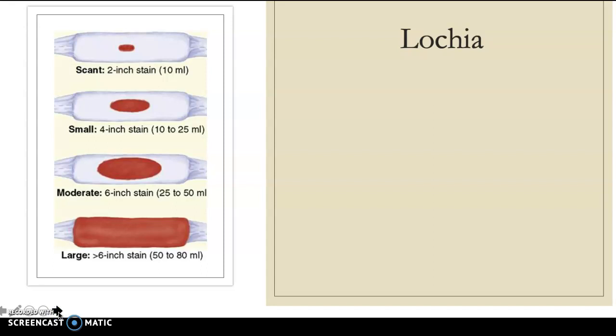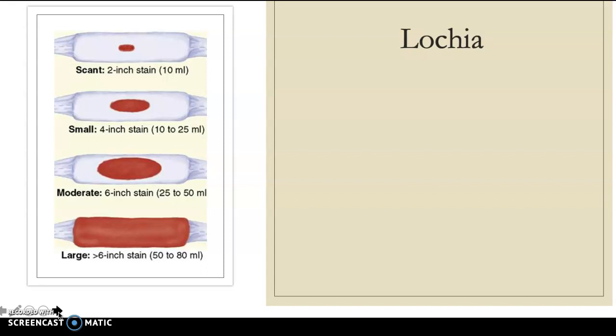And then we're going to teach about lochia. Remember, lochia is not just the bleeding afterwards, but the entire endometrial inner layer of the uterus will be shed. So all the epithelial cells will be shed, and that's also part of the lochia. So it's the bleeding caused from the detachment of the placenta from the uterus.